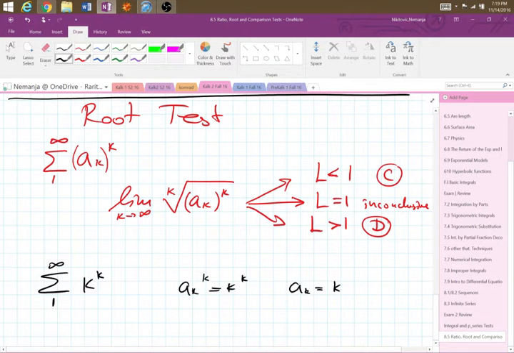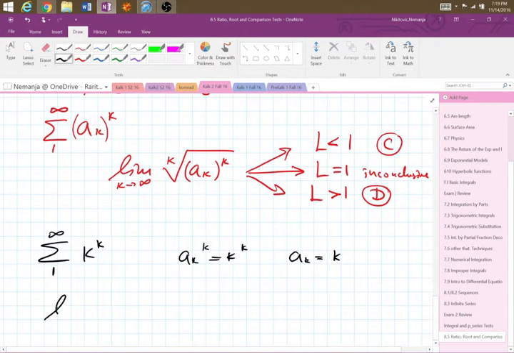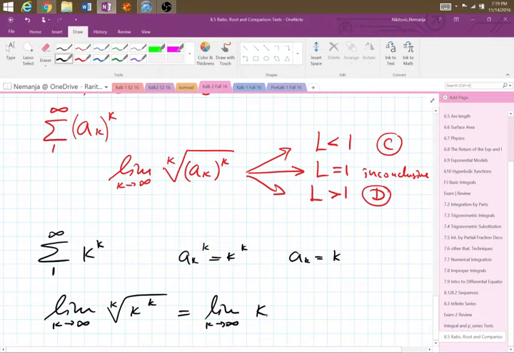But the way you do this is you would say limit as k goes to infinity of the kth root of k to the k is just limit as k goes to infinity of k, because those two cancel, and you just get infinity, which is divergence. Now you know that looking at the k to the k is going to diverge by the divergence test, right? Because the limit is not 0.